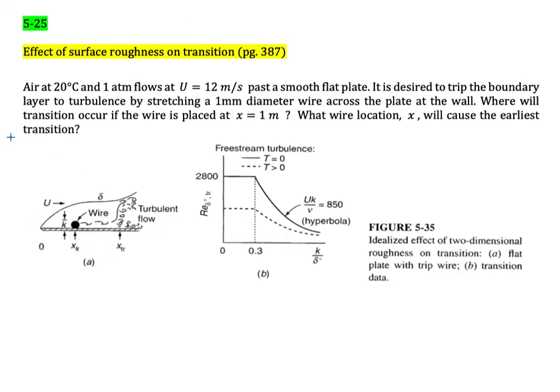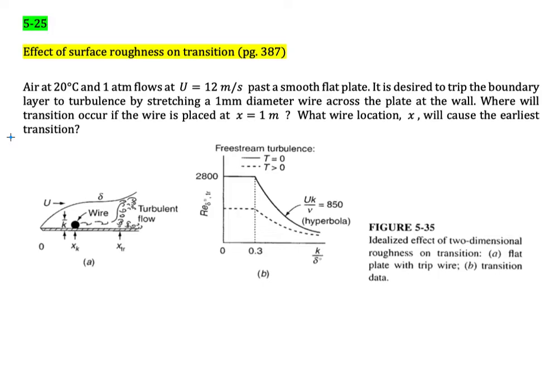So let's say we have air at 20 degrees Celsius and 1 atm flowing at U equal 12 meters per second past a smooth flat plate. It is desired to trip the boundary layer to turbulence by stretching a 1 millimeter diameter wire across the plate at the wall. Where will transition occur if the wire is placed at x equal 1 meter? The question is whether the transition will occur or not. Sometimes if we put the wire too late, maybe the transition has already occurred.